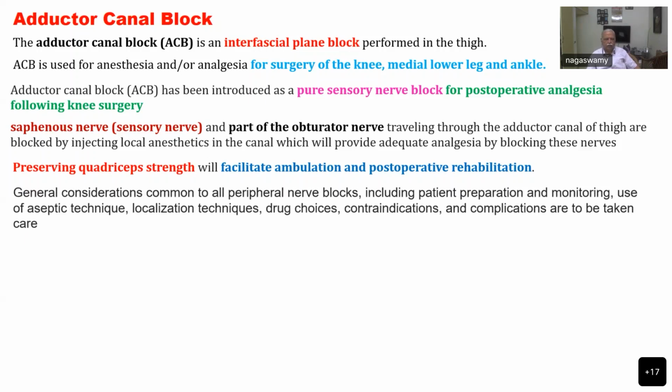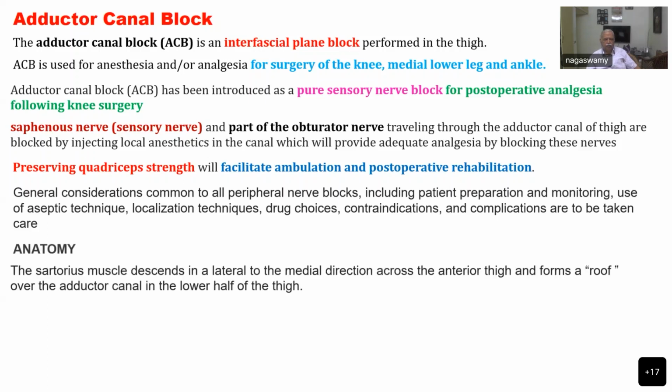Otherwise, at least you have to make mention like this: general considerations common to all peripheral nerve blocks, including patient preparation, counseling, monitoring, use of aseptic technique, localization technique, drug choices, contraindications, complications, everything should be taken care of.